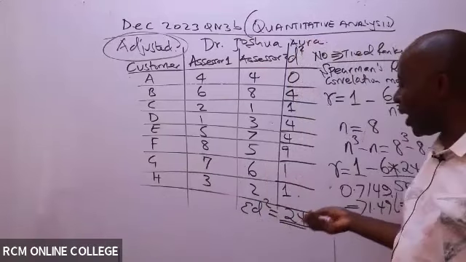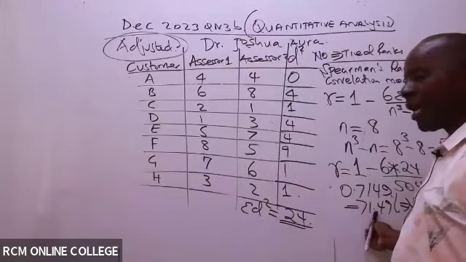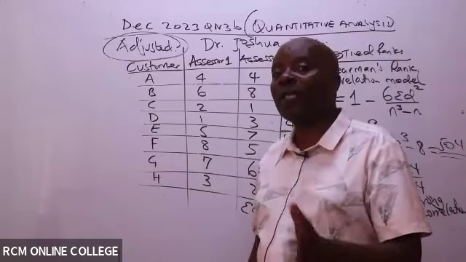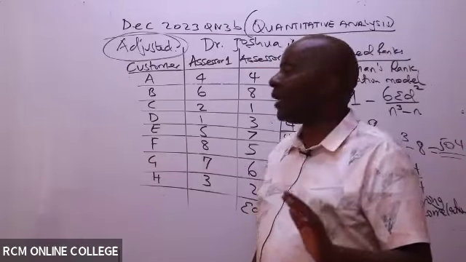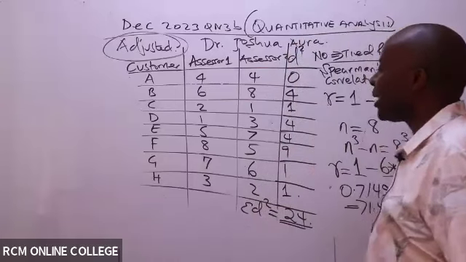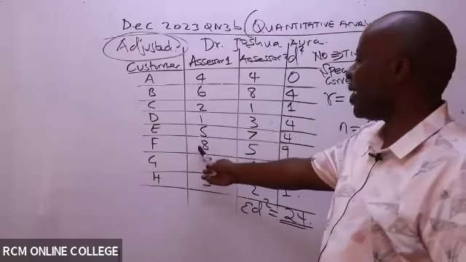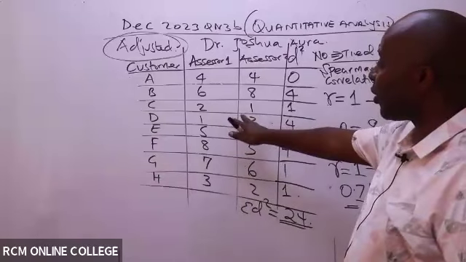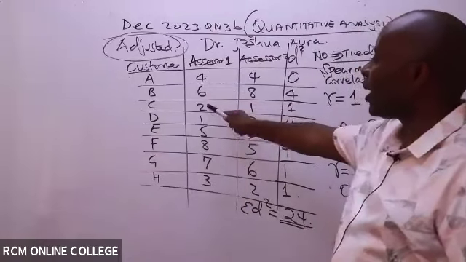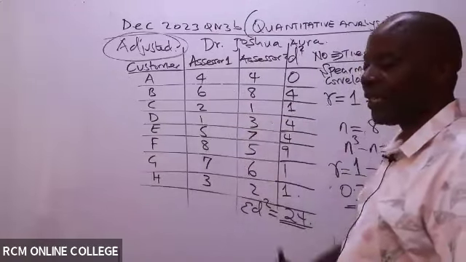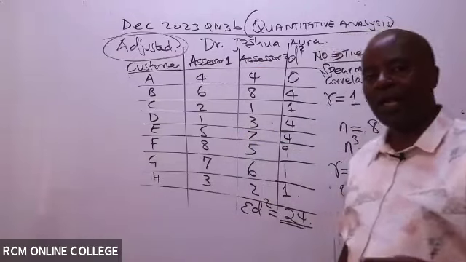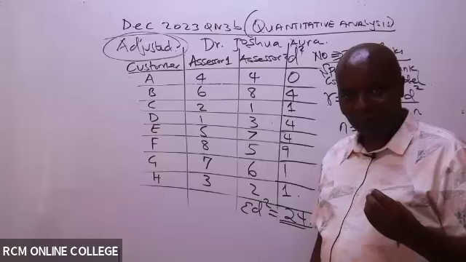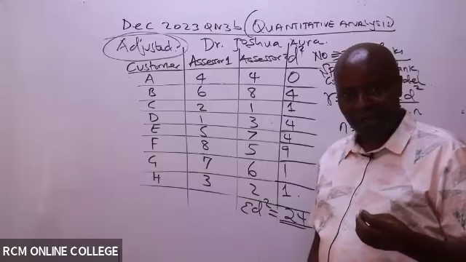Because if they are able to agree up to 71.49%, their disagreements are quite few. You can see in F, this being 8, ranked 5, but they are very, very close. Look at A, perfect. Look at C, almost there. So in this case they are really agreeing, and their agreement is quite strong.